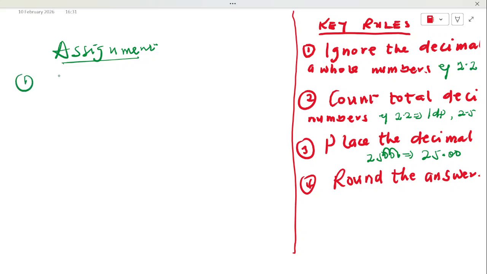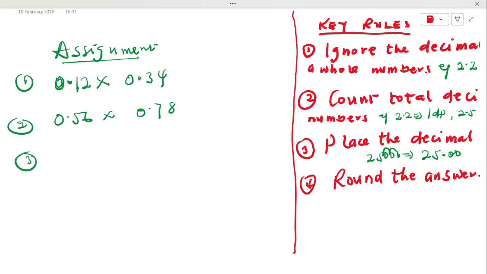Assignment 1, multiply 0.12 by 0.34. And then number 2, you should multiply 0.56 by 0.78. And then 3, you should multiply 0.75 by 0.4.